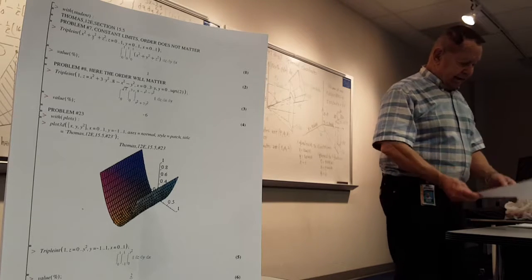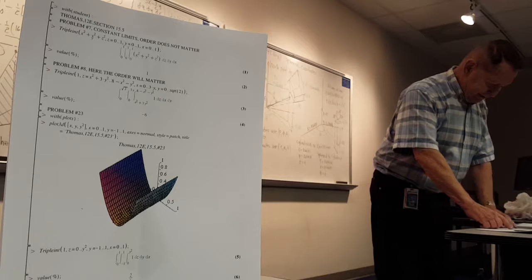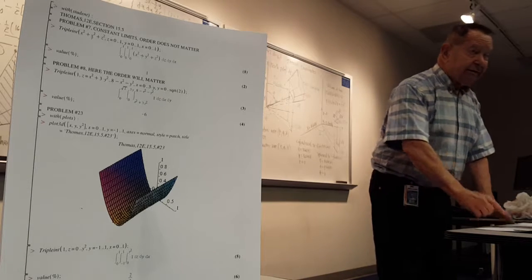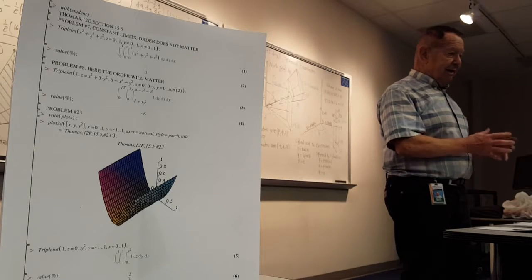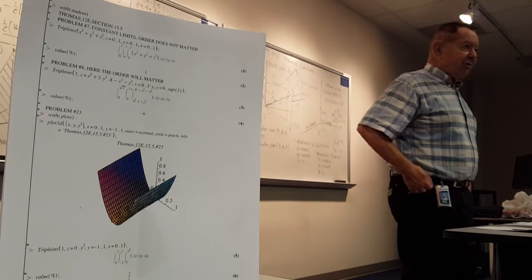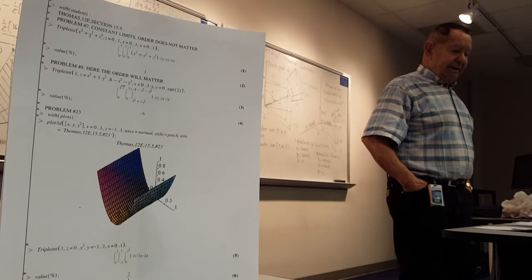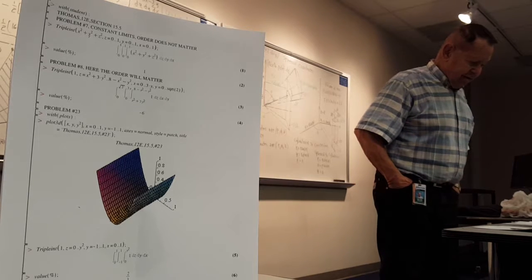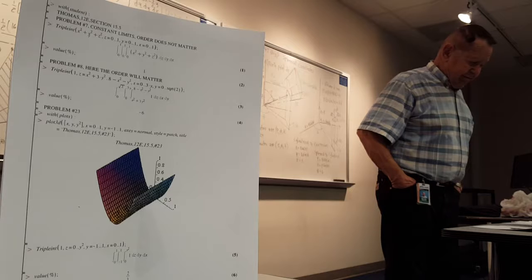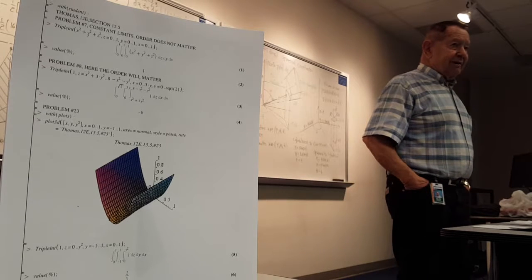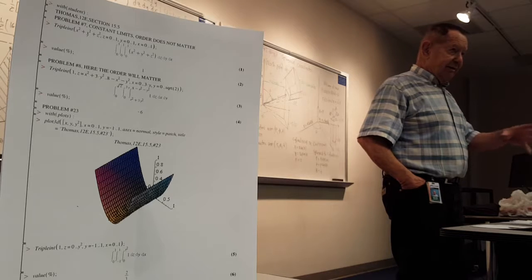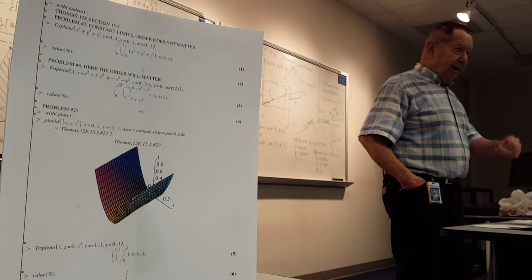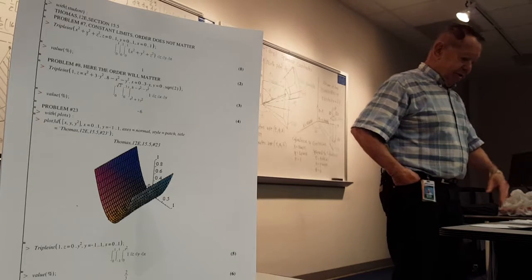So then I did triple int. If you're doing the triple int command, you have to name some function first. And so if you're doing a volume, for example, then you think of your function as 1, so that you're just integrating the function 1 over that region.